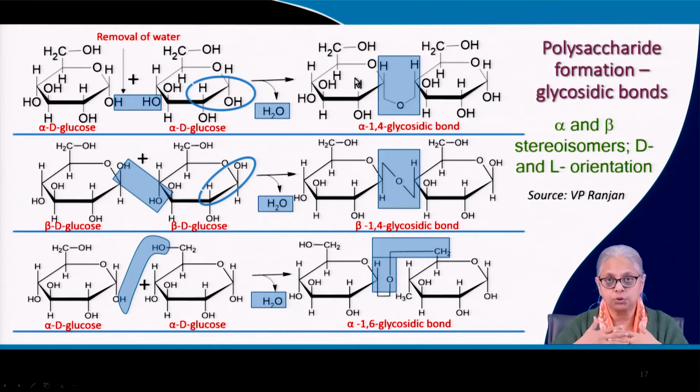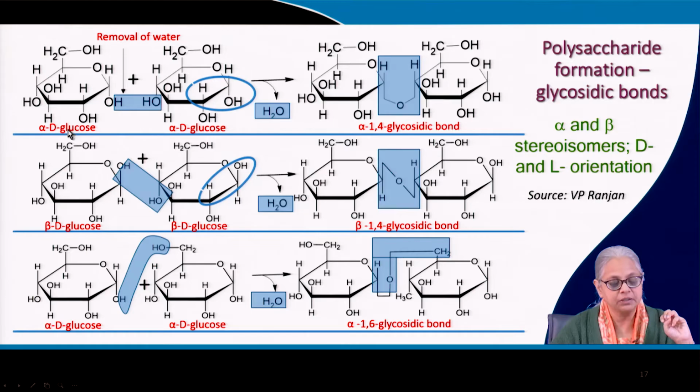So you have two glucose molecules bonding together at two different positions. C1 on one glucose will bond with C4 on the adjacent glucose, and that's why it's called an alpha 1,4 glycosidic bond. This is very important for the nomenclature. They are all D-glucose molecules.